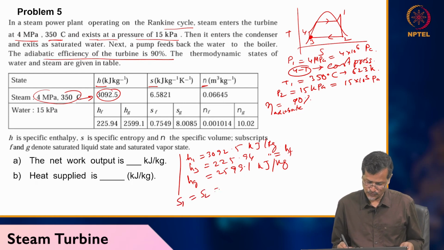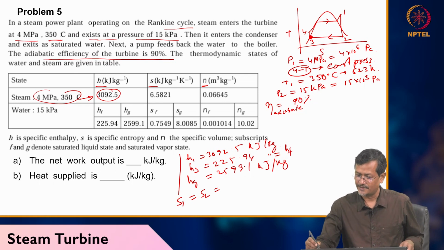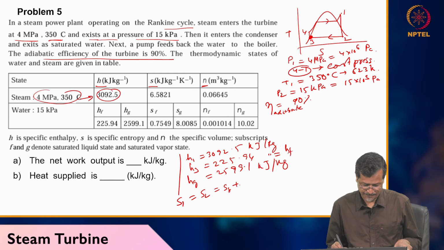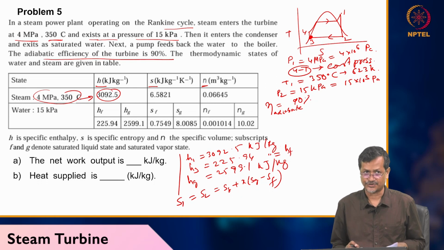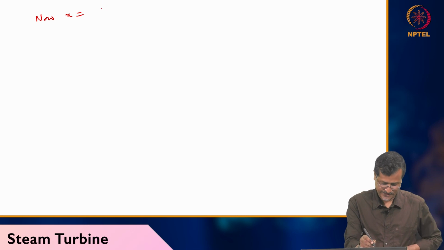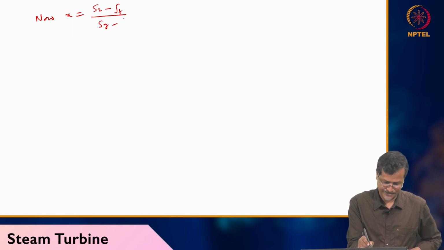S1 equals S2 because entropy is constant, and S2 equals Sf plus X times Sg minus Sf. It comes from the dryness fraction. Now X equals S2 minus Sf divided by Sg minus Sf.